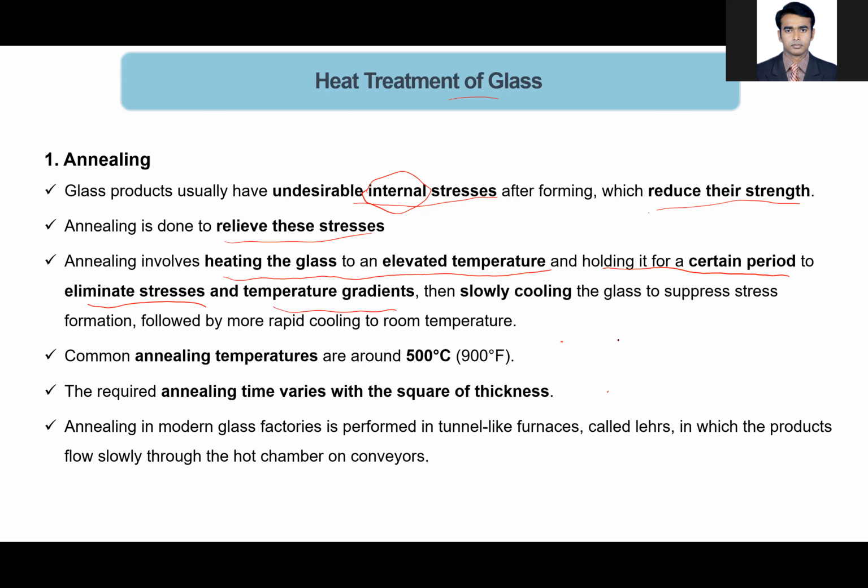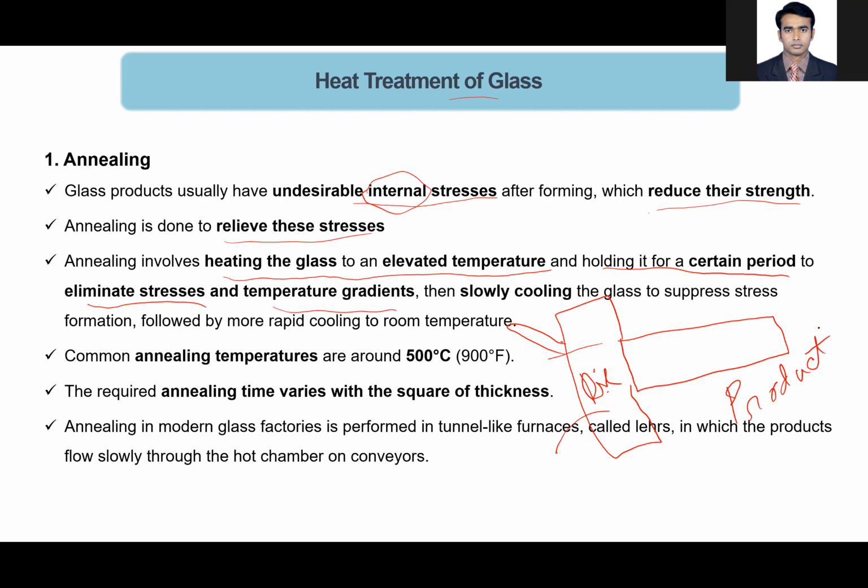The temperature gradient is another reason why the internal stresses are formed. For example, if you consider a glass sheet extruded from a die, if this is a die, the glass sheet is getting extruded from that die, and this is the product. In that case, if we introduce cold air from the outside, this is the direction of extrusion, the outer surface of the glass sheet will be cooled down first.